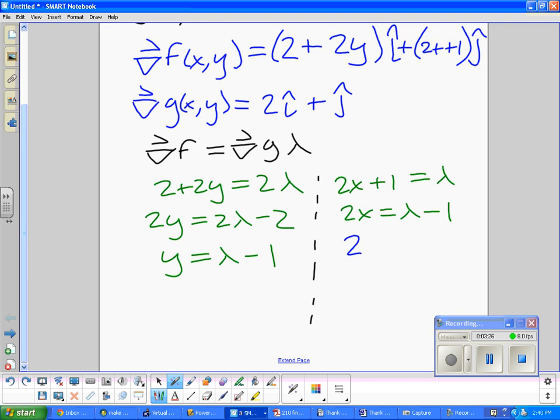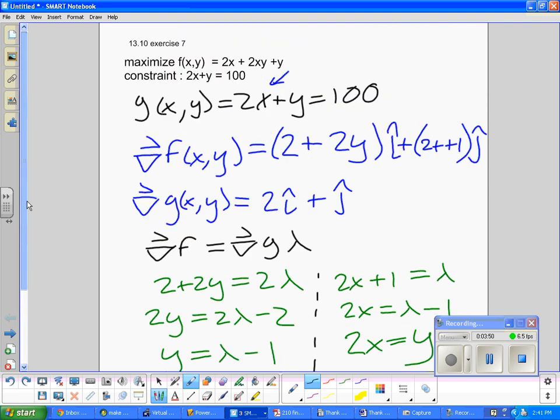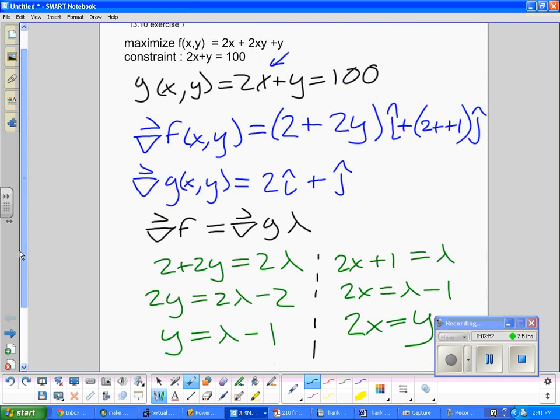So 2x equals y. Now that brings us back to our constraint function, 2x plus y equals 100.